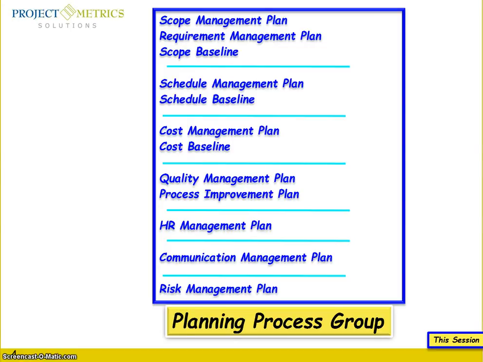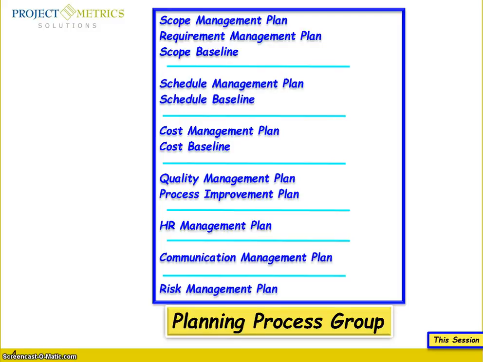Then you need a schedule in terms of start and finish dates. And then you need a budget, to know how much is enough for your project and how to manage your budget. And then you need a quality management plan and the process improvement plan.